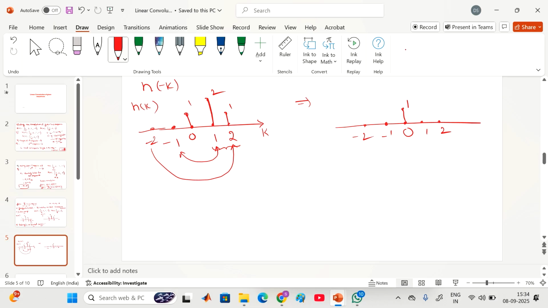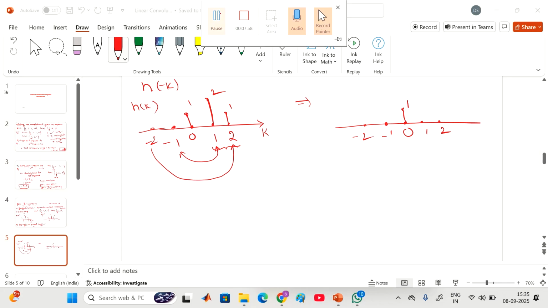If I fold the sequence, minus 1 value will be transferred to plus 1 and minus 2 value will be transferred to plus 2. Similarly, vice versa, plus 2 value will be transferred to minus 2. Then at 1 I have 2, and this 2 value will be shifted to minus 1, that is 2. What is the value at 1? That is 0.